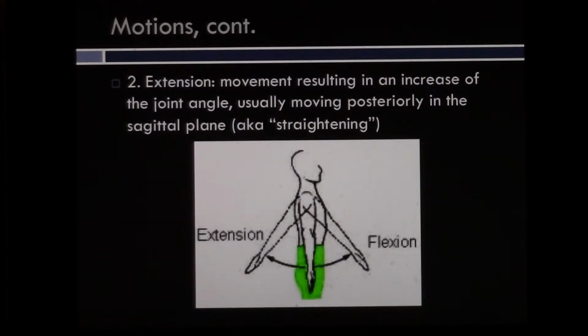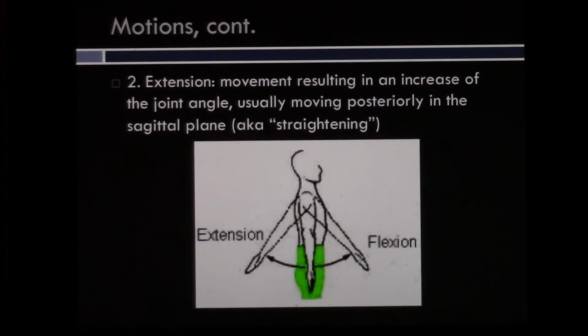Again, it's usually moving posteriorly, and the knee is the classic example. That's why they say usually and not always, because when you extend or straighten your knee, it's moving anteriorly, just the opposite of before.